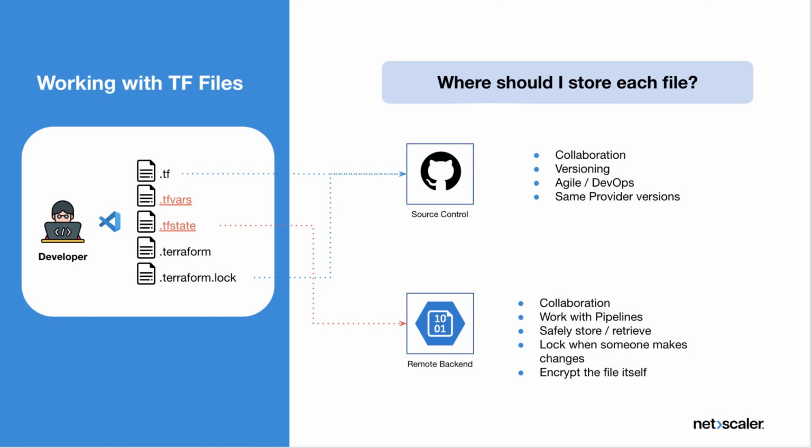There are also some other files that are sensitive because they contain information that can't be shared, and things like that. So these files, like the TF-var files and the TF-state files, need to be stored safely, and should also be locked when someone is making certain changes, so that the different teams working on the same environment will not break the configurations that one engineer is trying to apply against another engineer who is already working on this environment.